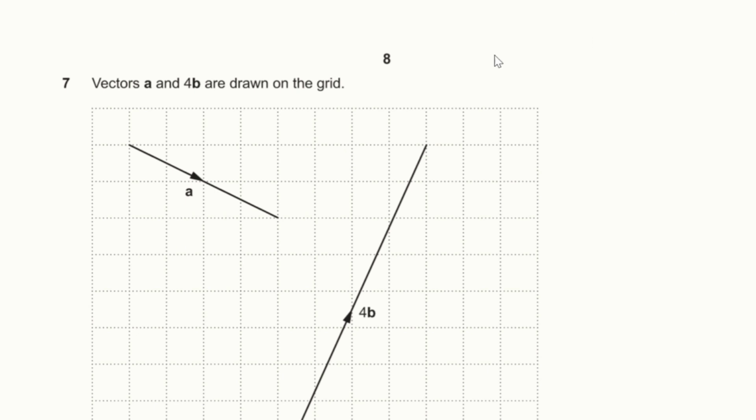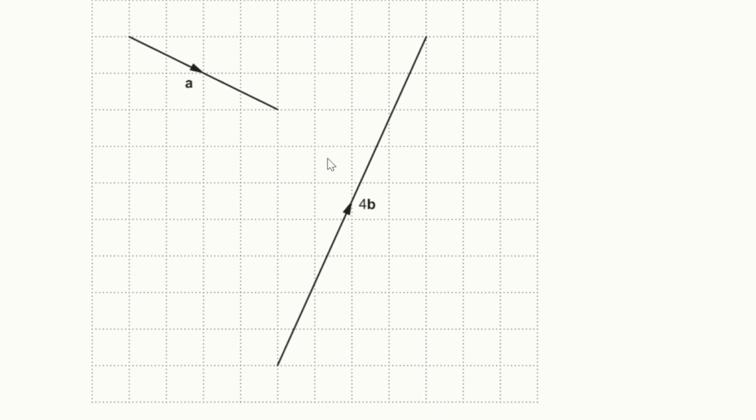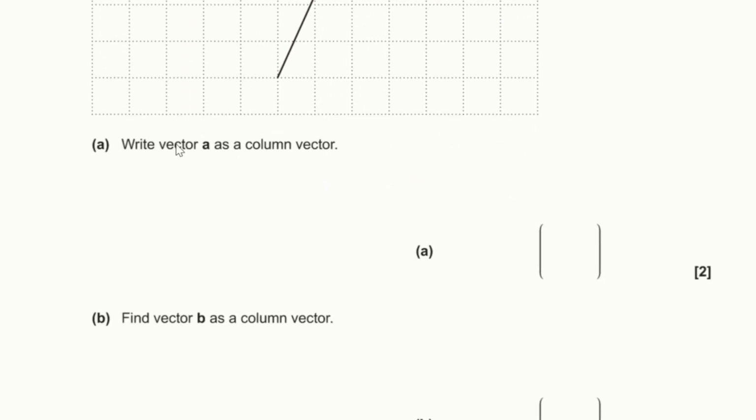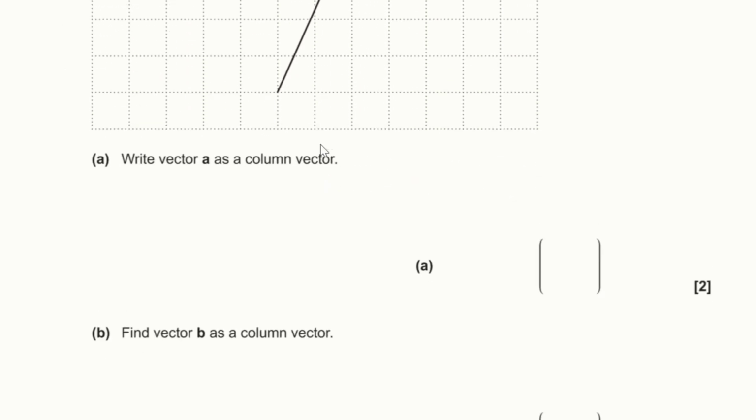Question number 21. Vectors A and 4B are drawn on the grid. That's what we see here. We have to write for part A, vector A as a column vector.